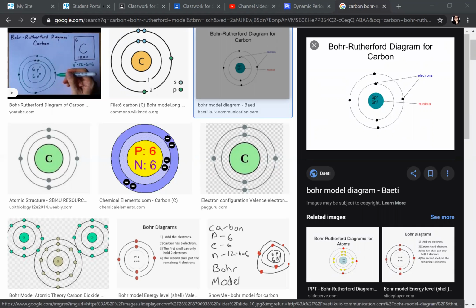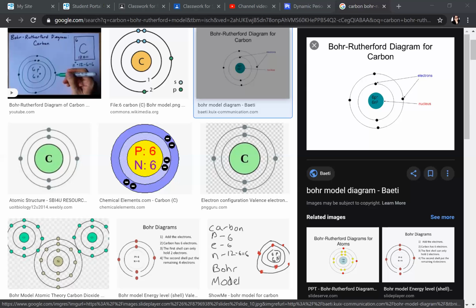So for example, for that element carbon, we'll open up the highlighter here, we have, now I'll use an orange color, 4 electrons here. So there's 1, 2, 3, 4 electrons in this outermost orbit, in that second energy level, or energy shell as they call it, for the carbon.